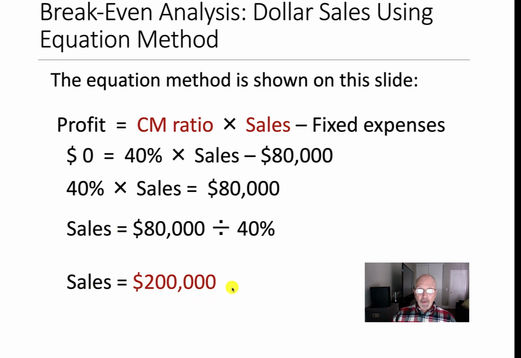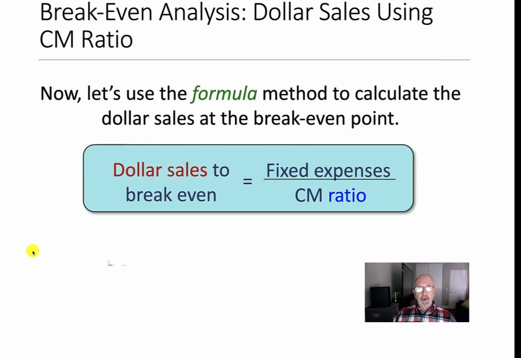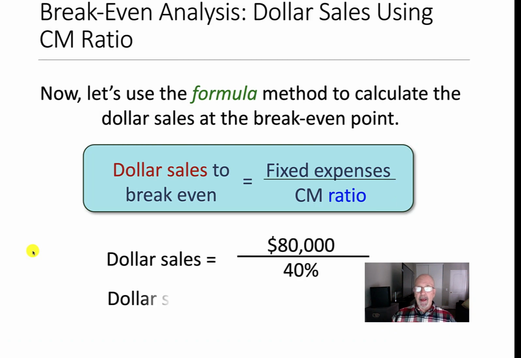And the break even in sales is $200,000. Using the formula method, it's fixed expenses divided by the contribution margin ratio. So 80,000 divided by 40% is 200,000. And if you remember, we calculated 400 bicycles as break even.